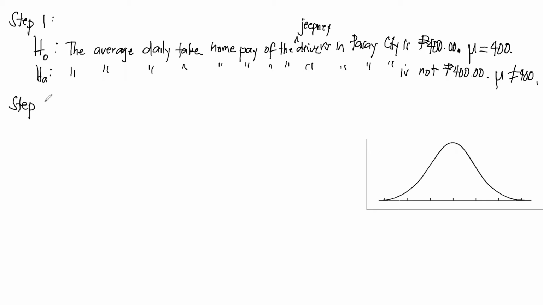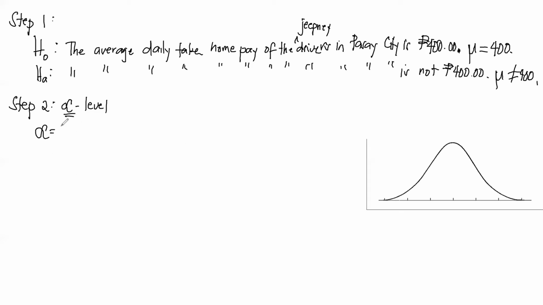For step two, determine the significance level. The significance level is also known as the alpha level. By the way, this is the symbol for alpha. So the alpha level or the significance level is denoted by the small letter alpha.